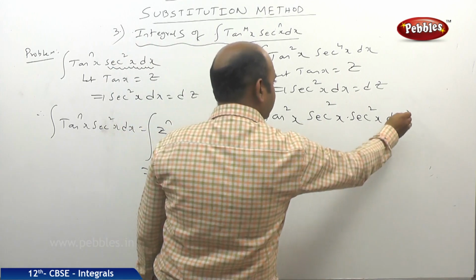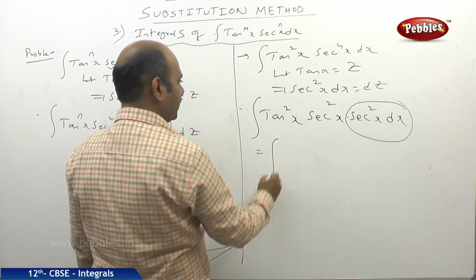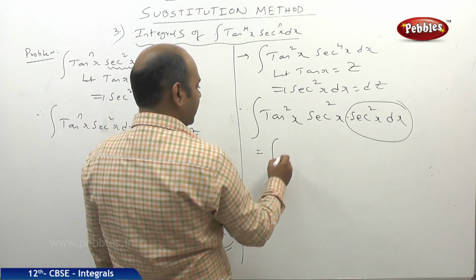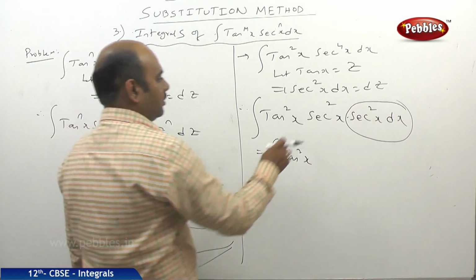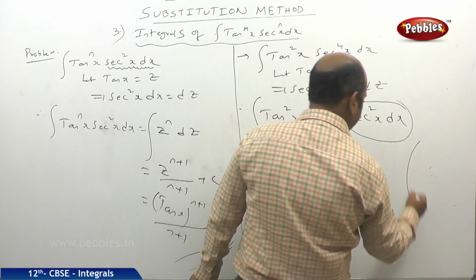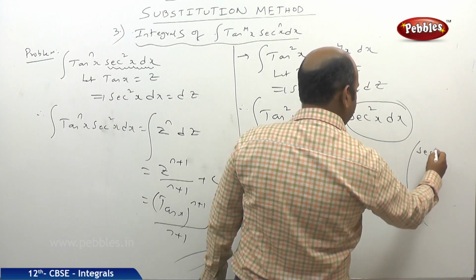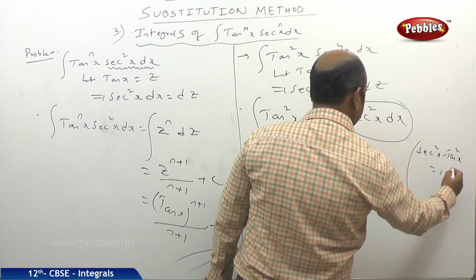In place of one secant square x dx I'll be putting dz. We know that secant square theta minus tan square theta is equal to 1. That formula I am writing here: secant square x minus tan square x is equal to 1.